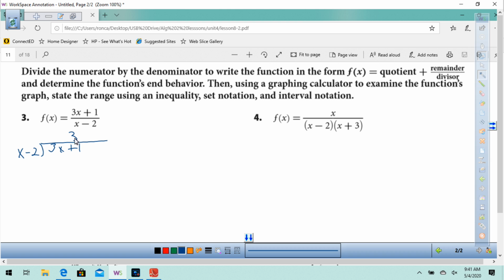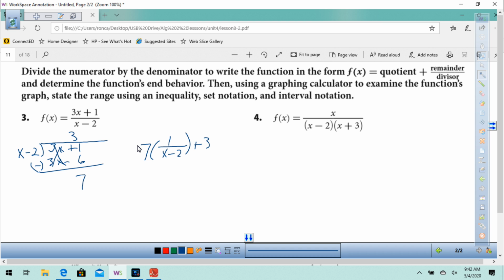So I'm going to multiply, 3x minus 6, and then these cancel out. 1 minus negative 6 gives you positive 7. Okay, so that's my remainder. So our new equation is going to be 7 times 1 over x minus 2 plus 3. Now it says divide the numerator by, we did that.